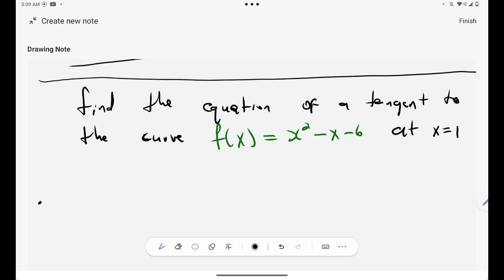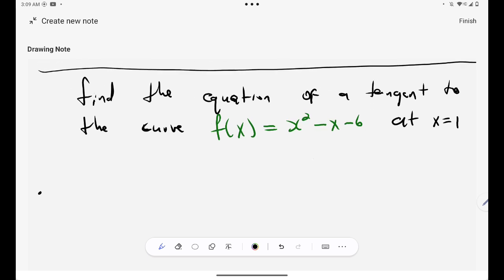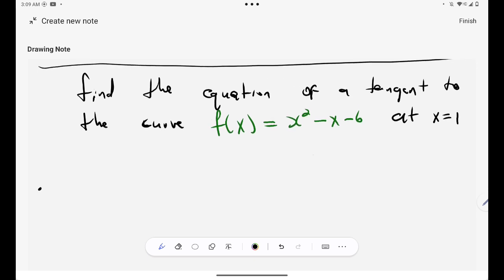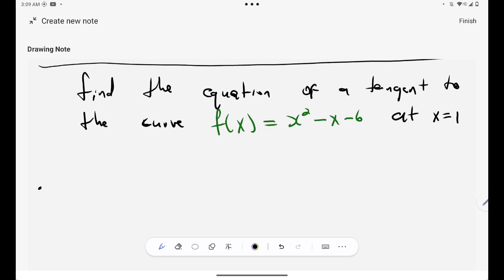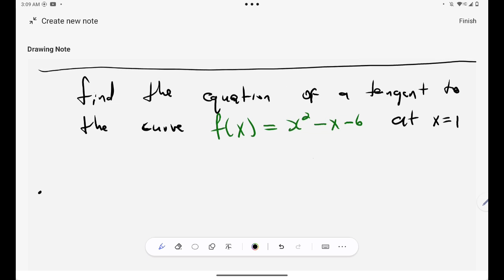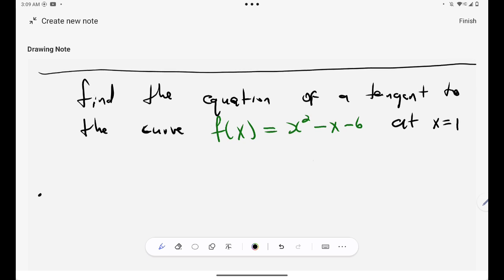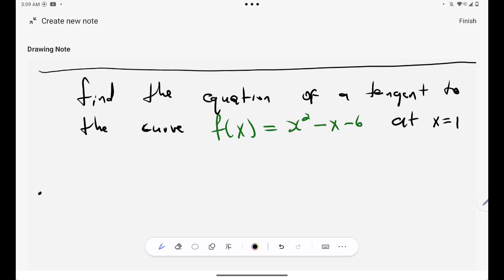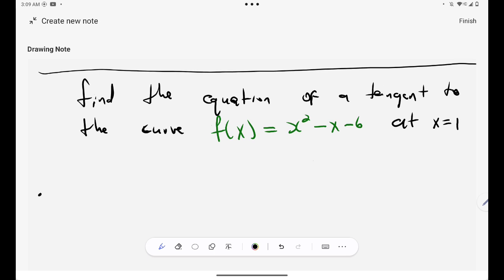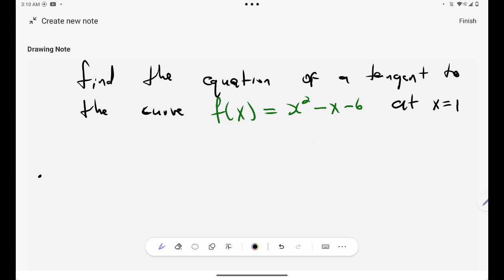Okay. A tangent is a straight line, guys. For me to find the equation of a straight line, I need to have two things. I must have the gradient of that line and a point on that line. Right, together. Now I only have the x value. I can use the equation to find the corresponding y value.